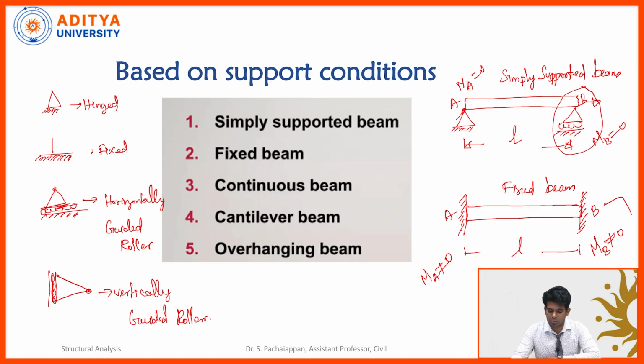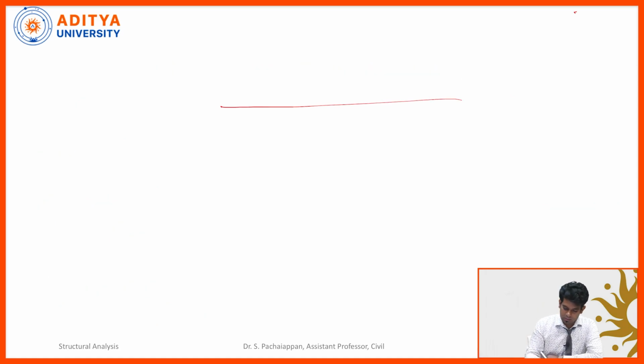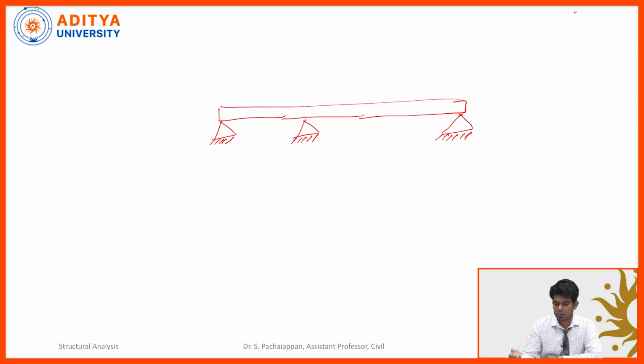Now let's discuss the continuous beams. There is a criterion for continuous beams. For example, I have a support, a simply supported condition. I have another support. Let's consider I have another support. Now, what is the criterion?